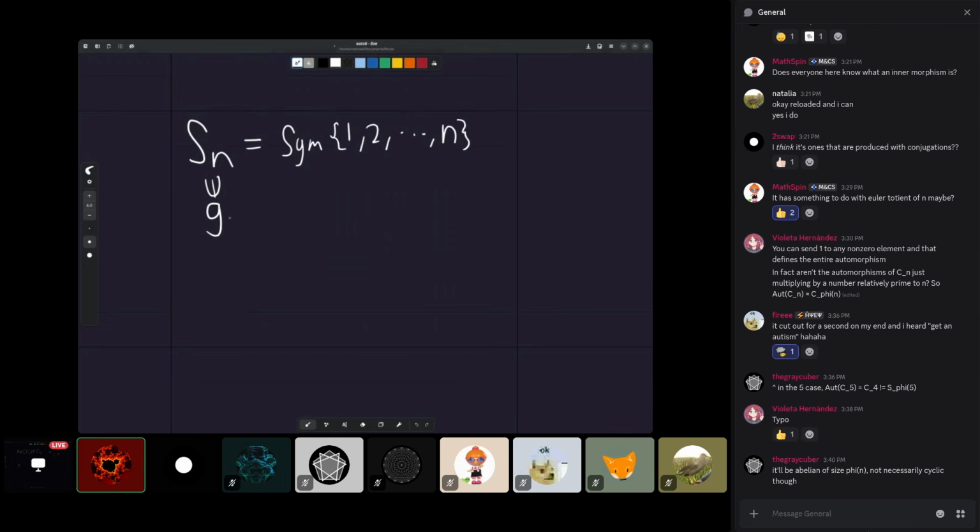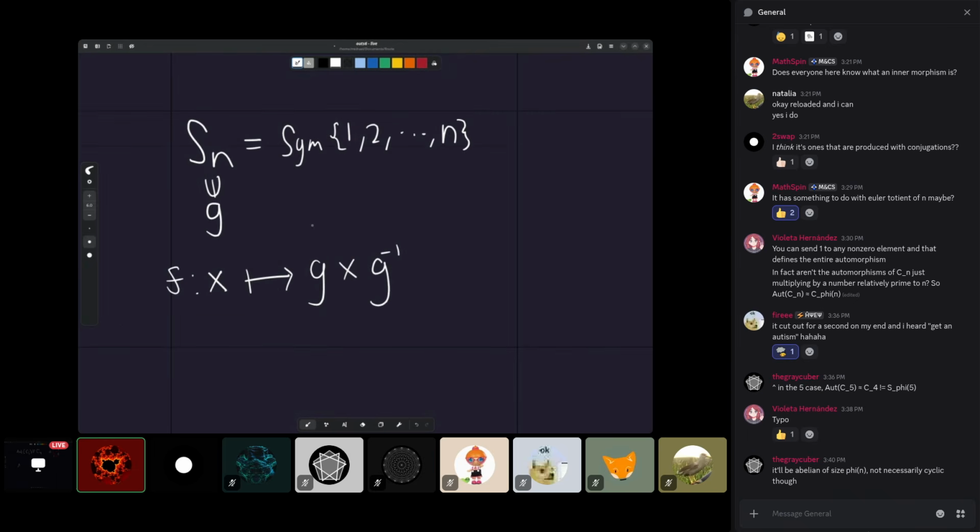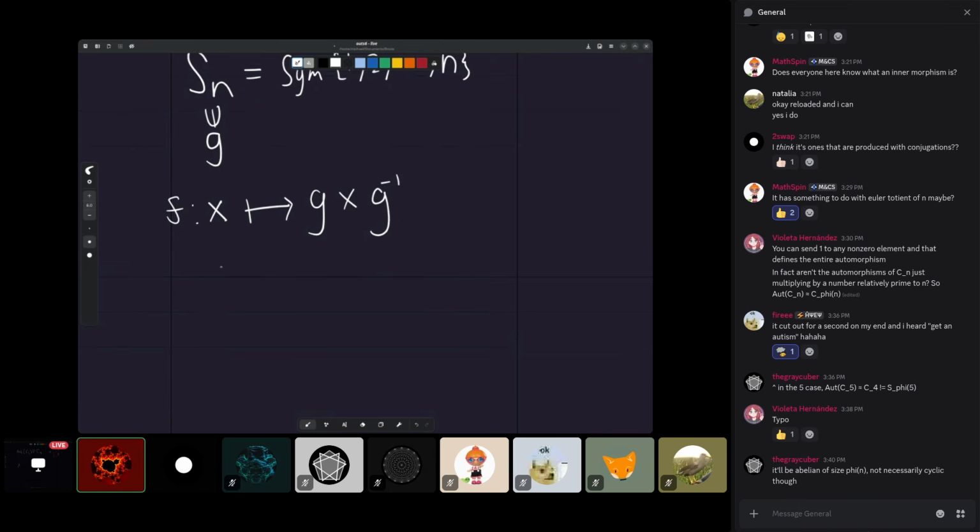Given any permutation g of n points, you get an automorphism f defined by sending any permutation x to the conjugate by g. Why is this an automorphism? It's clear enough that it's a homomorphism, but let's do it properly.